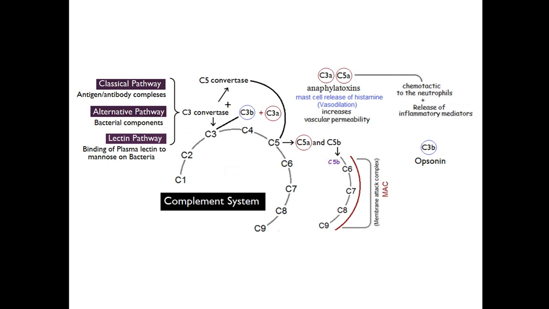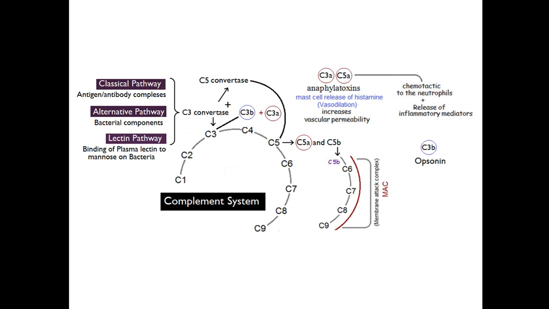Now, C5 is broken down by the C5 convertase into C5A and C5B. This C5B, along with C6, C7, C8, and C9, forms the membrane attack complex. And this membrane attack complex forms holes, punches in the membranes of the bacteria, and kills them. Out of these complement components, the C3b, which is formed by the breakdown of C3 by the C3 convertase, is a strong opsonin.